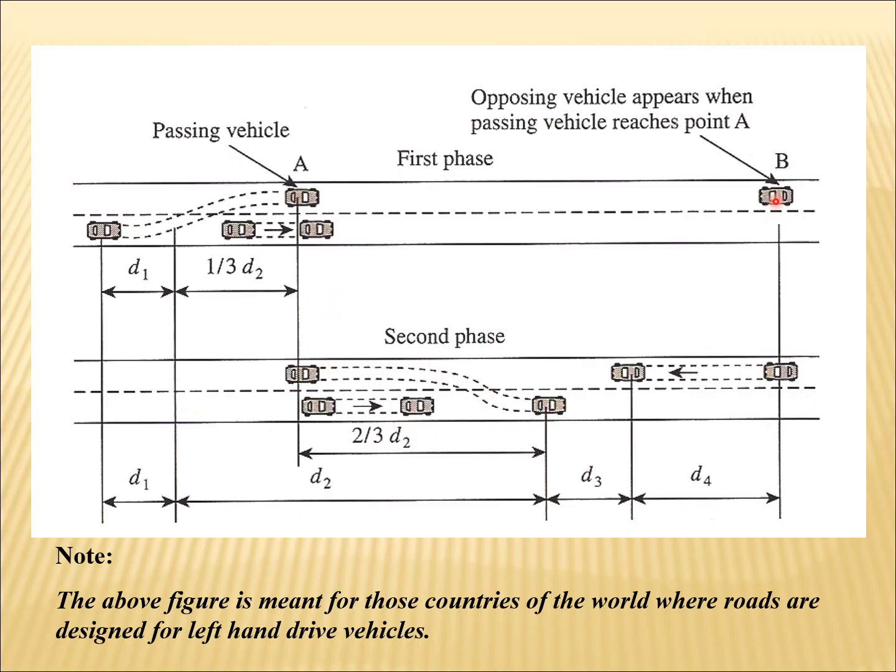And this vehicle is coming from the opposite direction, and in this exercise it has covered this much distance. So d1 plus d2 plus d3 plus d4 is equal to the passing sight distance in this particular case.